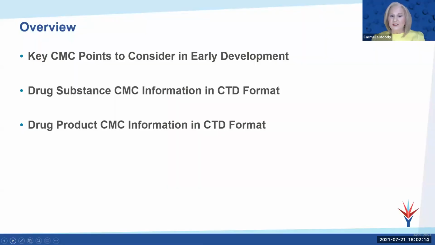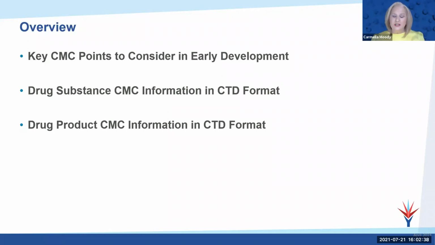So we're going to have three parts to the discussion, and after each one of the different sections, I'll stop for a few minutes if you want to ask me some questions. I'll talk to you about some of the CMC points that I think are important for you to consider in early development.